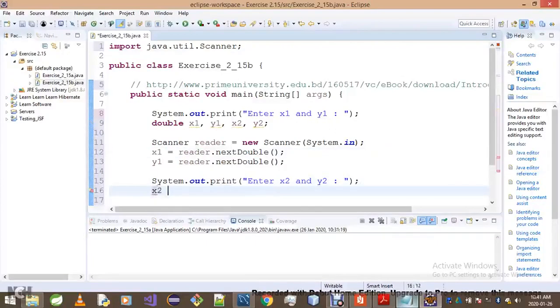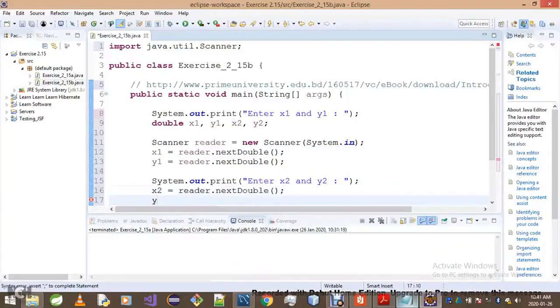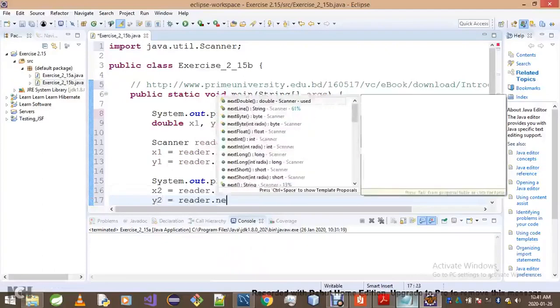Let's just go x2 is equal to reader.nextDouble, y2 is equal to reader.next.